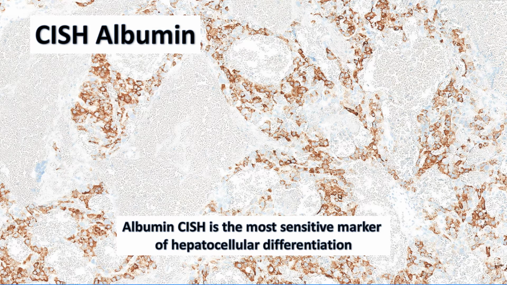Now, of course, albumin also stains cholangiocarcinomas, but as pathologists, in most cases, but not all, we can tell the difference between a hepatocellular carcinoma and a cholangiocarcinoma, and hence, in our hands, as well-trained pathologists, this is not only a sensitive marker, but this is also a specific marker of hepatocellular differentiation.